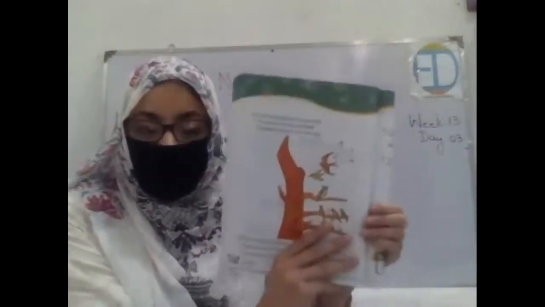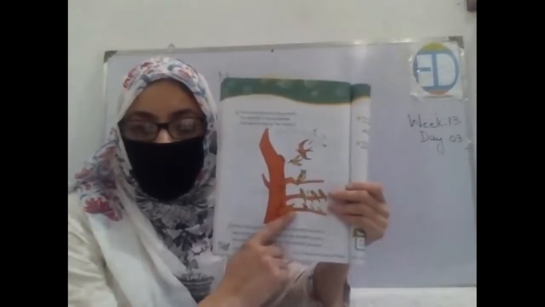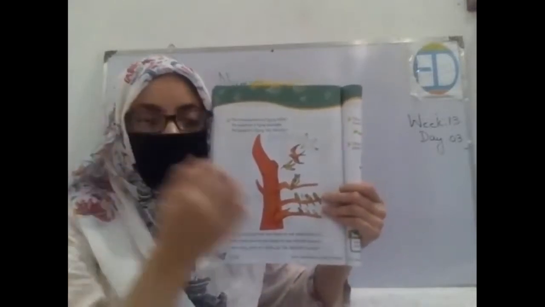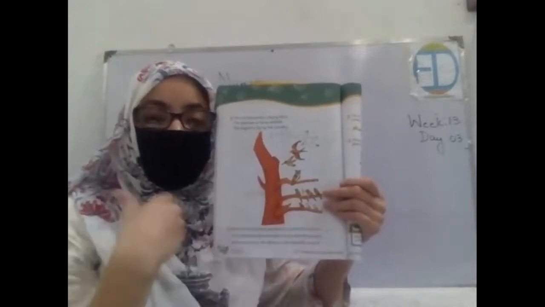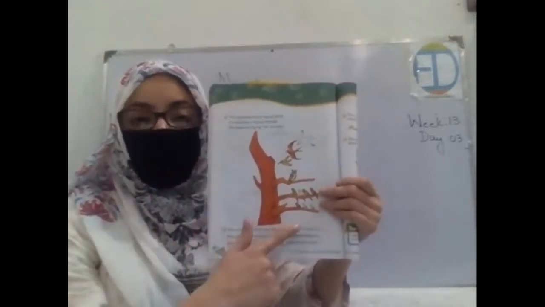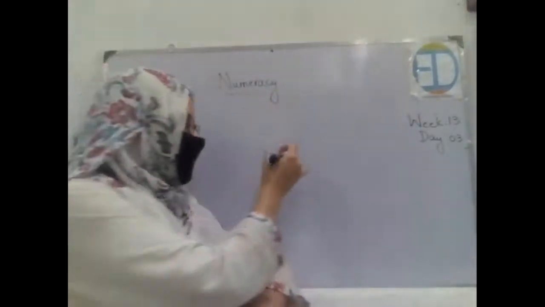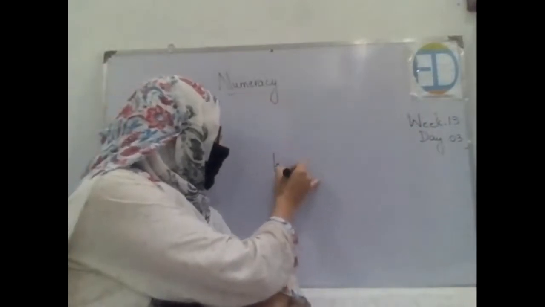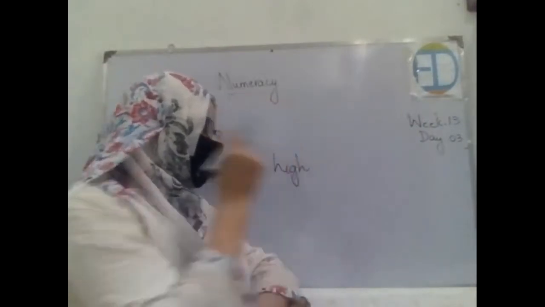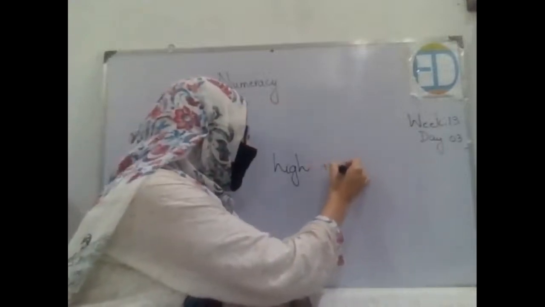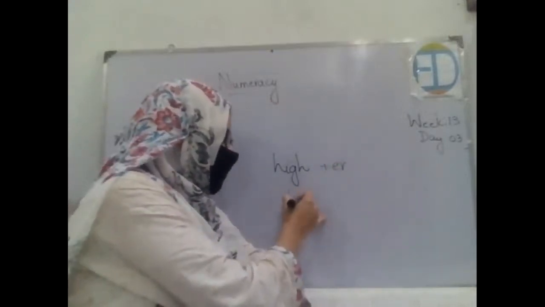Okay. So see, now all of them were sitting a small distance apart, one above the other, right? And the words that we have used to compare them are high, higher, and highest. The simple technique to memorize it: this is the word high. When you add er to it, it turns into higher.